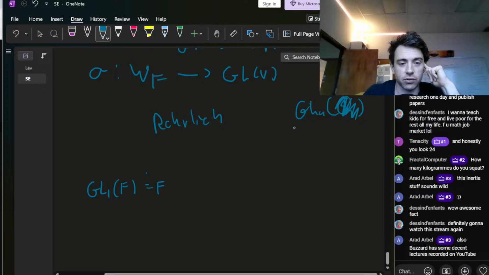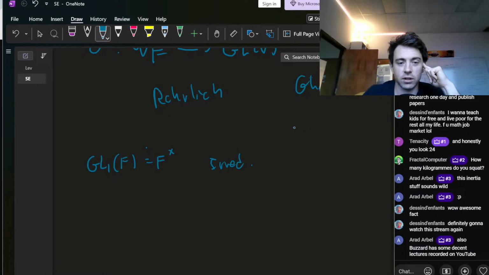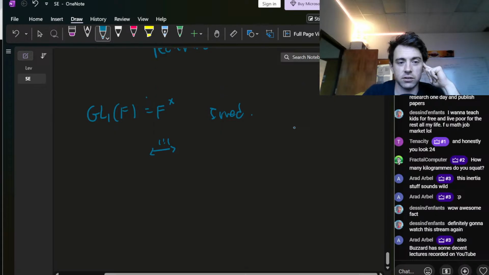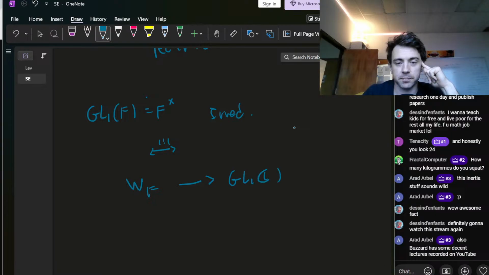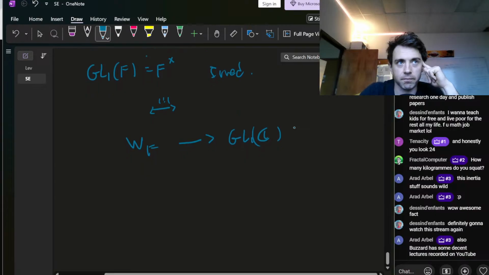That's just F cross, so its irreducible representations should be a correspondence between these and irreducible representations of the Weil group.